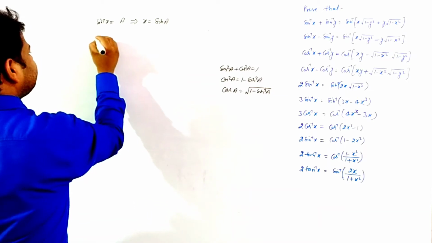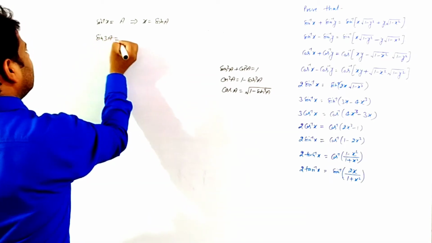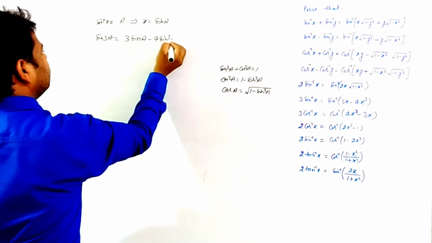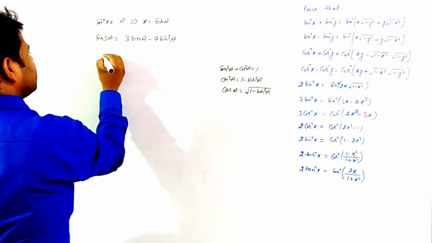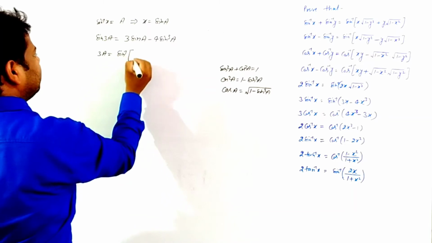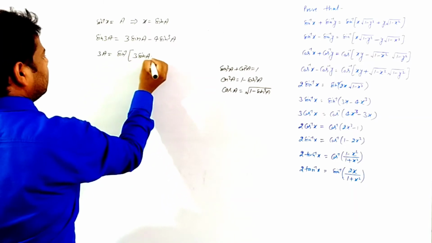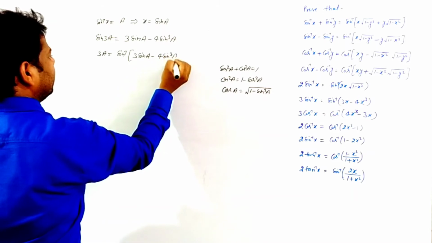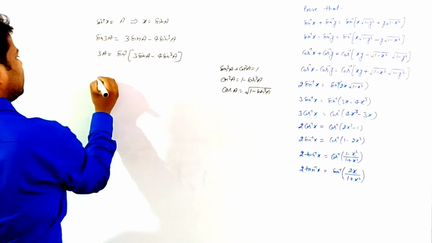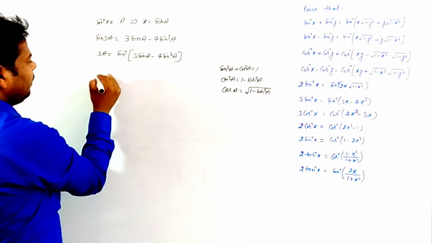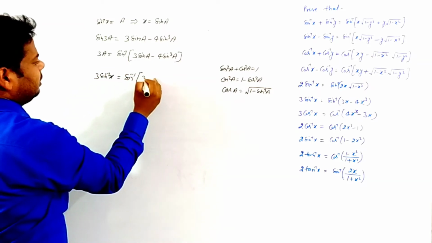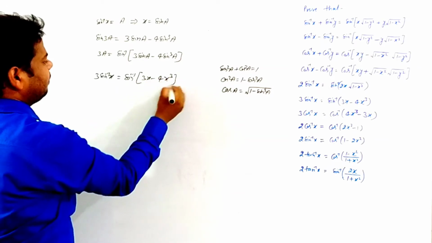We have a formula sin 3a is equal to 3 sin a minus 4 sin cube a, and sin goes to the RHS, then we can write 3a is equal to sin inverse in bracket 3 sin a minus 4 sin cube a. We have sin a is equal to x and a is equal to sin inverse x, then we can write 3 sin inverse x is equal to sin inverse (3x minus 4x cube).